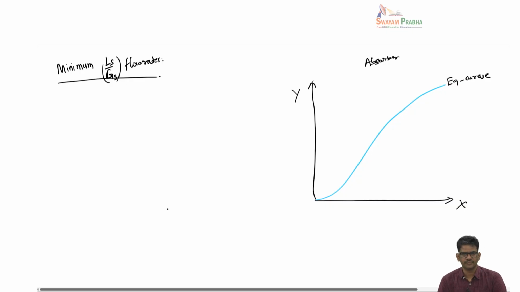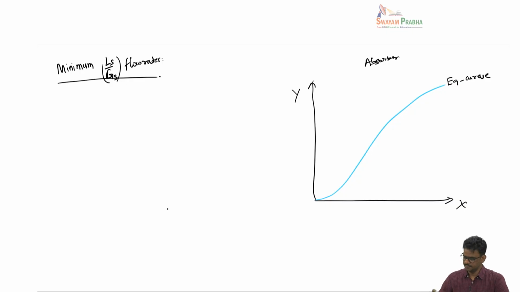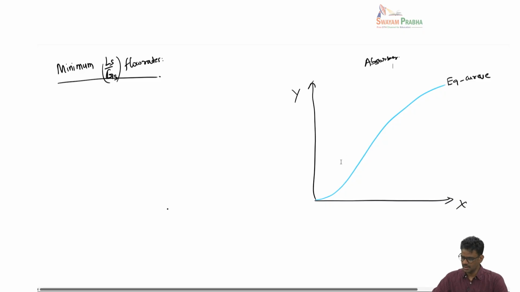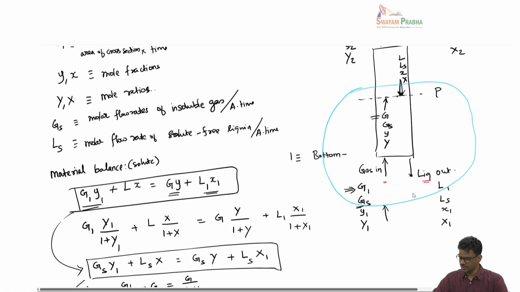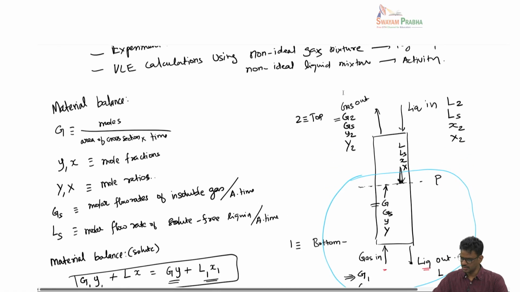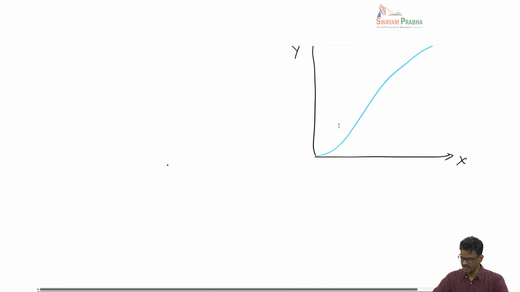So in an absorber, generally the composition on the top will be specified, and that we can identify as somewhere here. So this is the top of the absorbing column.